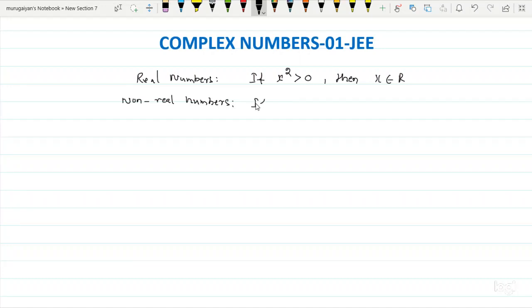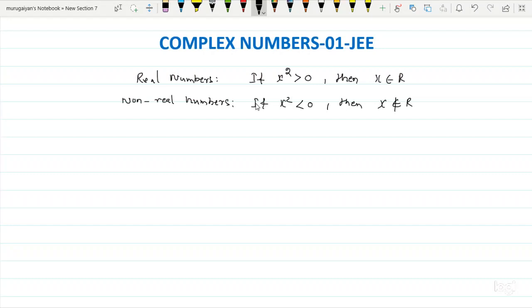If the square of a number is negative, which usually cannot happen in the case of real numbers, but in the case of a non-real number the square can be negative, then the number x is a non-real number, does not belong to R.